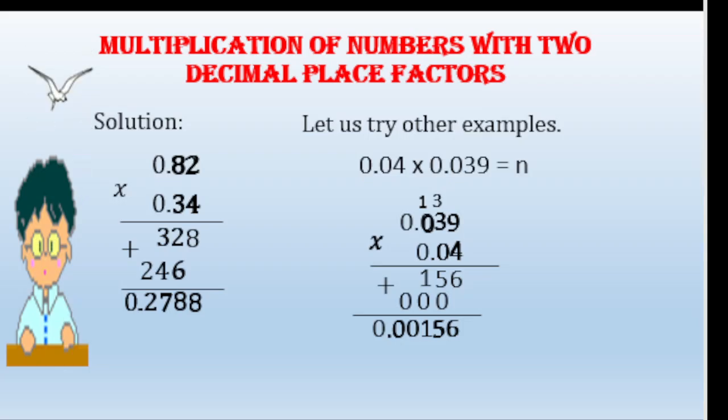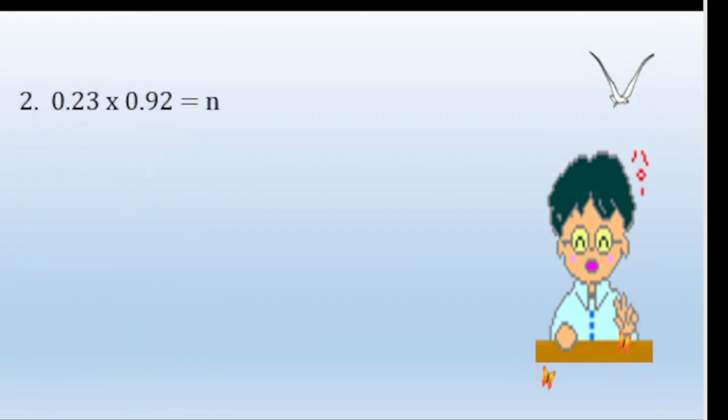Okay, next. Sample. Okay, so you have 2392. If you will notice, there is no regrouping. So you have 23 times 92. It starts again multiplying from the hundredths place.